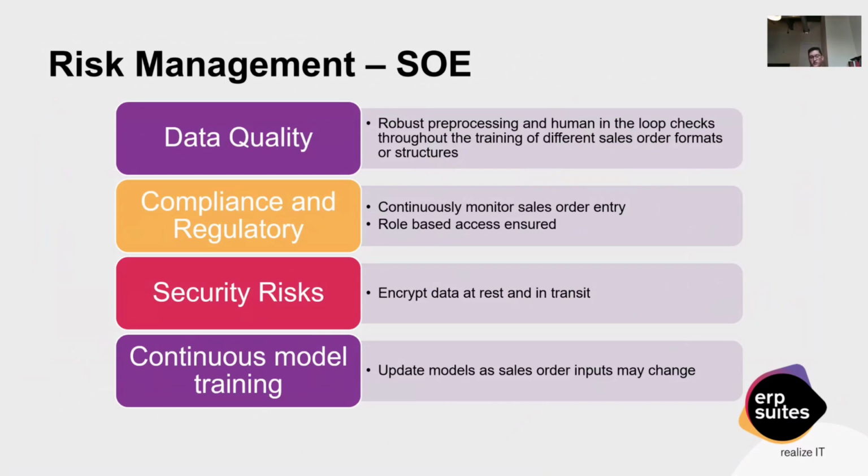Security risk and encryption. We're working with OCI tools going straight into JD Edwards, right? OCI has end-to-end encryption and JD Edwards has its own security. How do those work together? That's why we use OCI services. It's something that happens very seamlessly. But just making sure that's all good is another risk management factor.